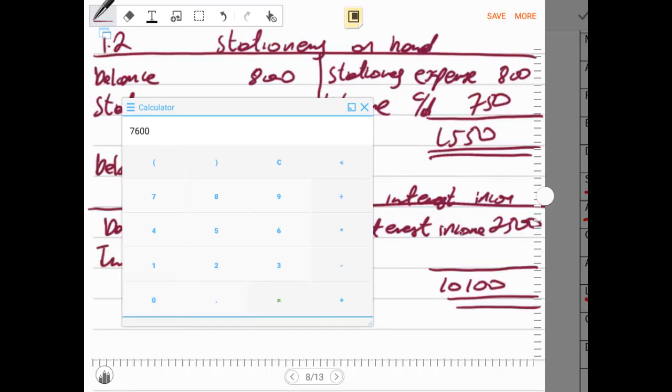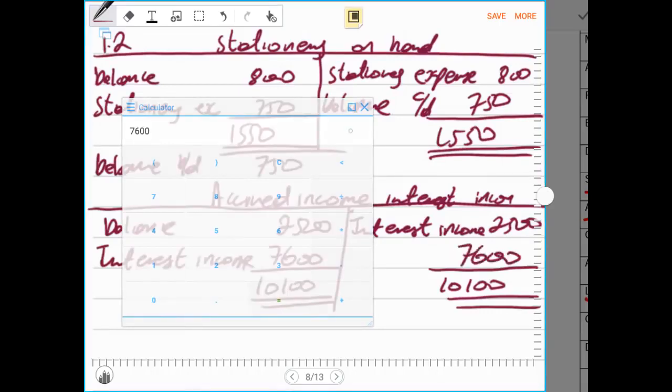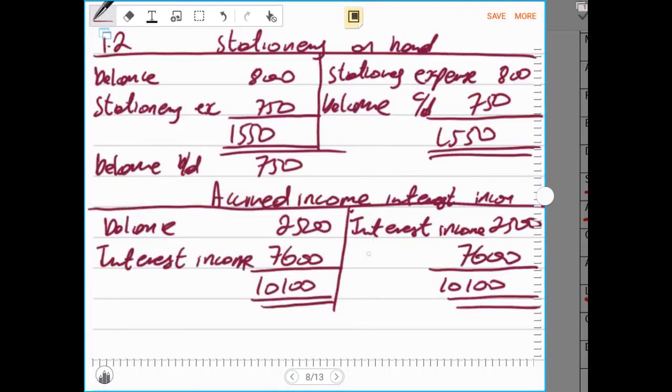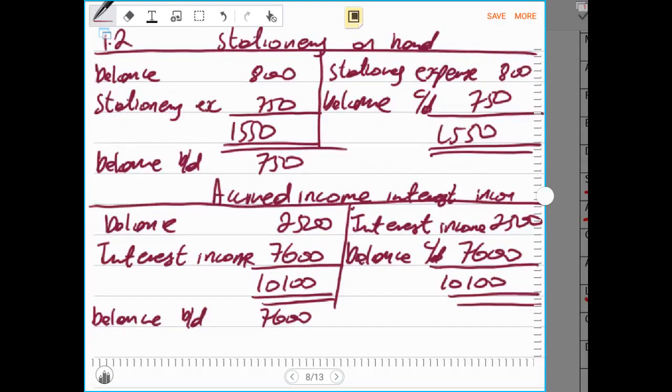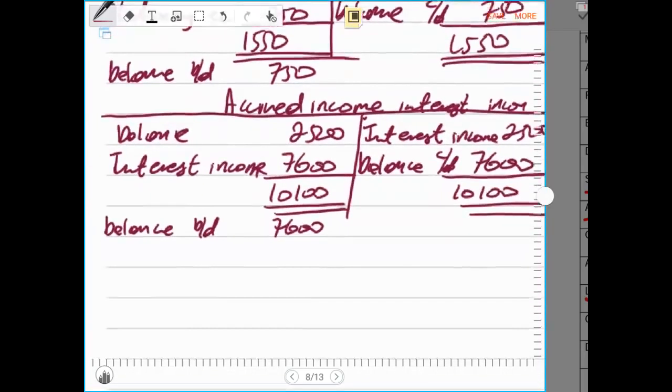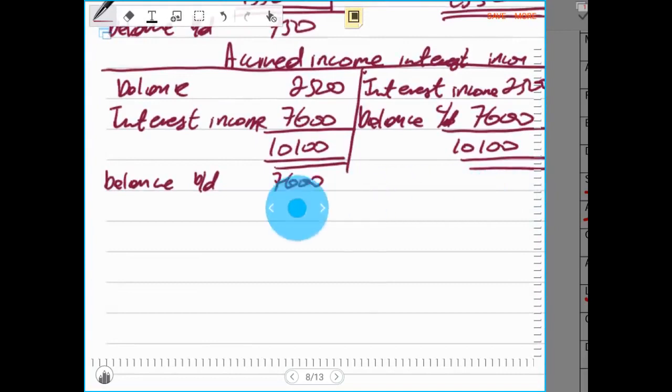And that will give us 7,600 again on the credit side, and the 7,600 will be the balance. And this will be the balance carried down, 7,600, balance brought down. So now this ledger account is also completely done.